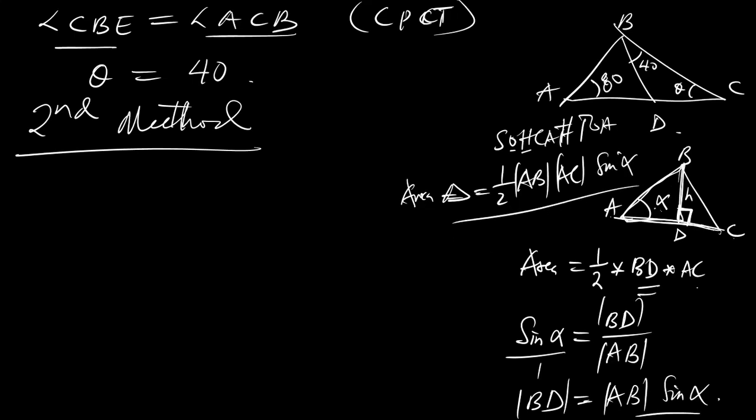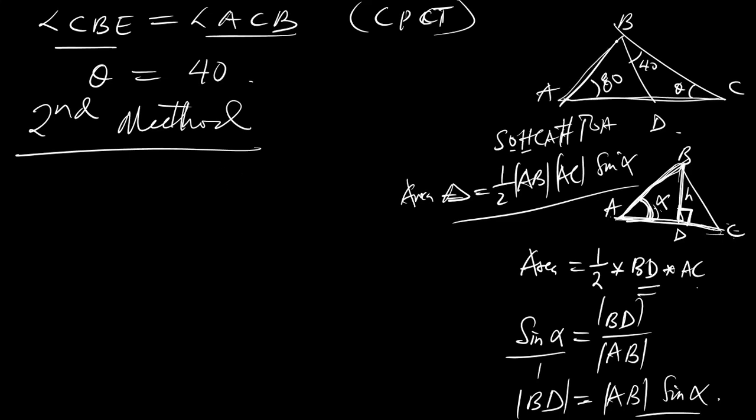So that means if you have an angle here, the area of that triangle will be half this side times this side, with the sine of the angle that these two sides form. So that is what we're going to use here now.